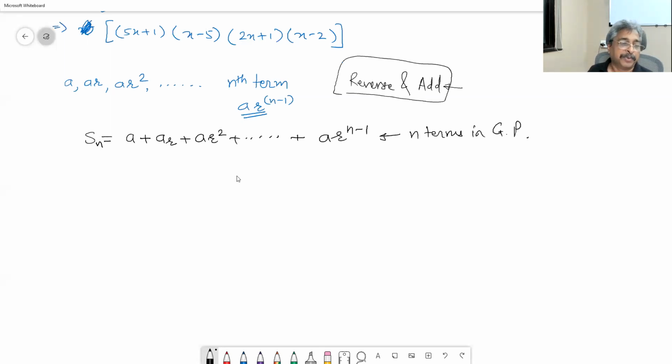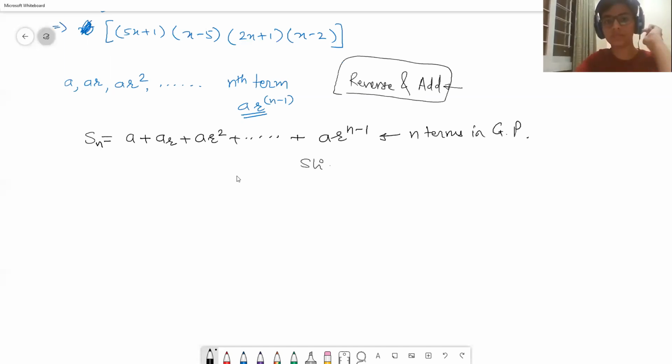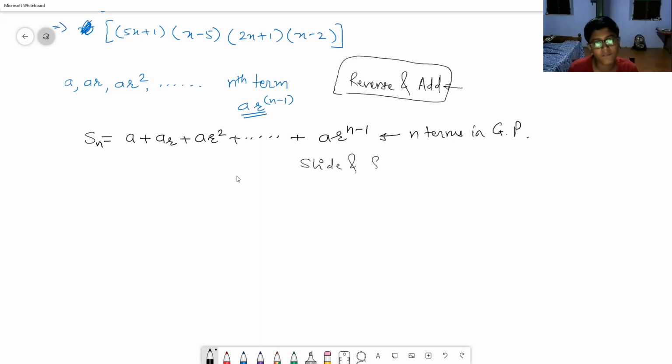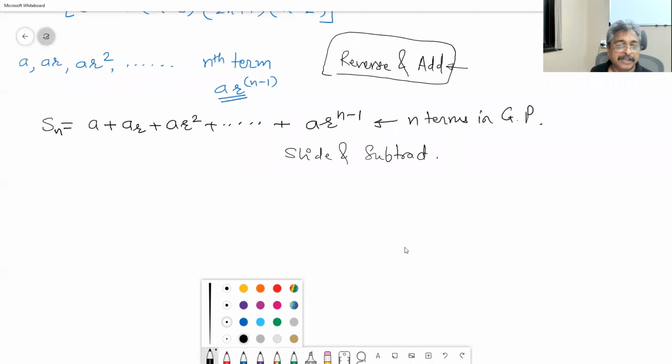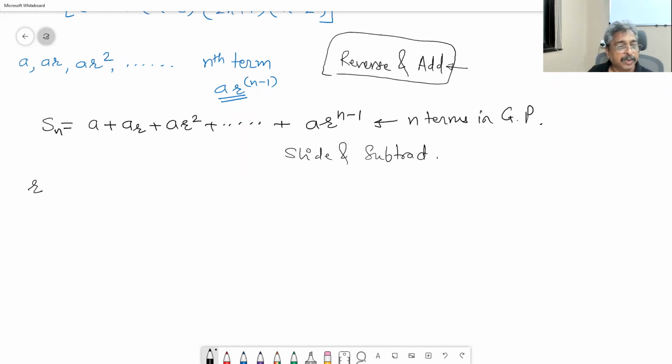So what do we do? Slide and subtract. What do we mean by slide and subtract? We mean multiply both sides, LHS as well as RHS, by the common ratio.